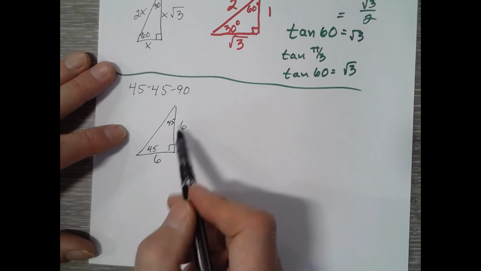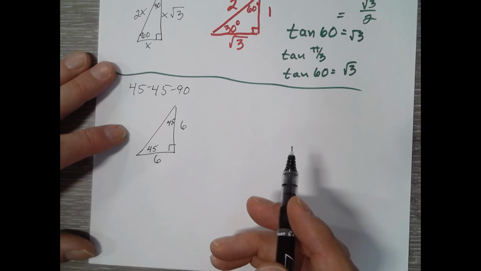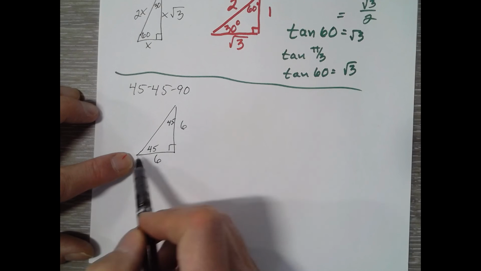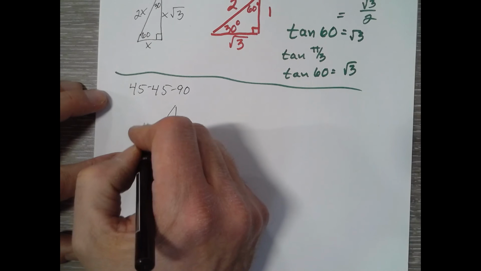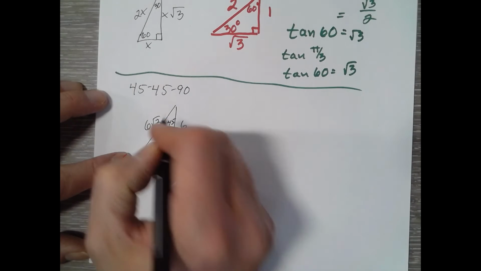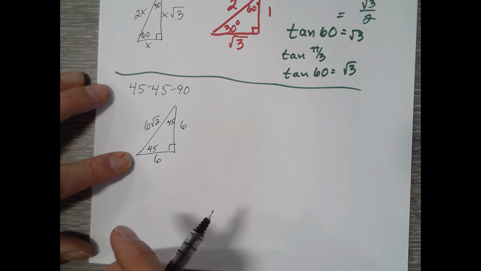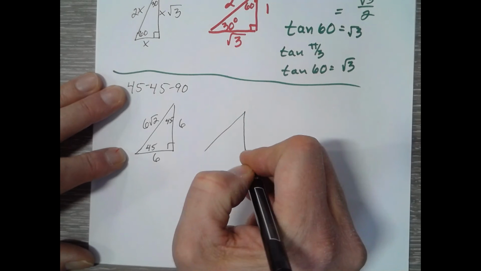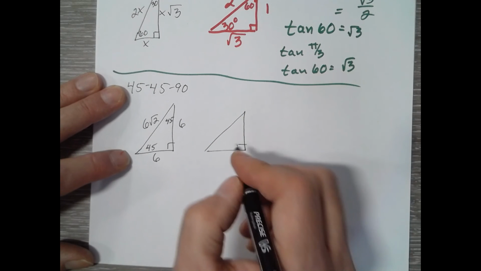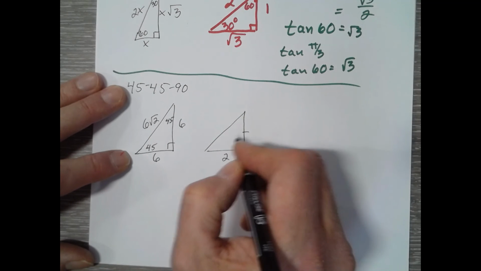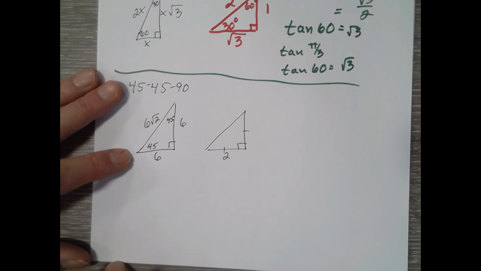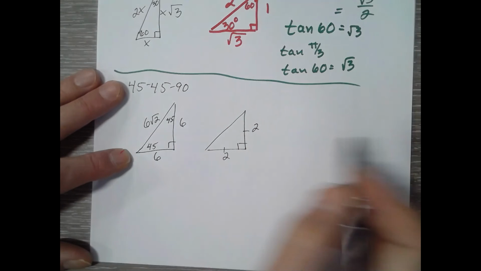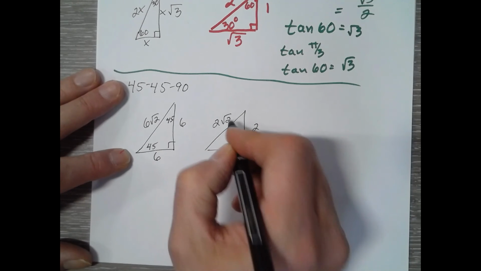These are always going to be the same, because if you're going up 45 degrees, you're going to go over and up the same amount. And this is 6 square root of 2. It is always times the square root of 2. So if this is 2, and I know these are the same, that makes it a 45, 45, 90 triangle. So then this would be 2, and this would be 2 square root of 2.